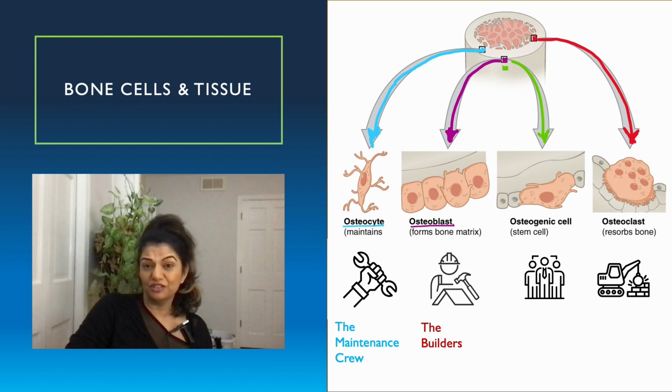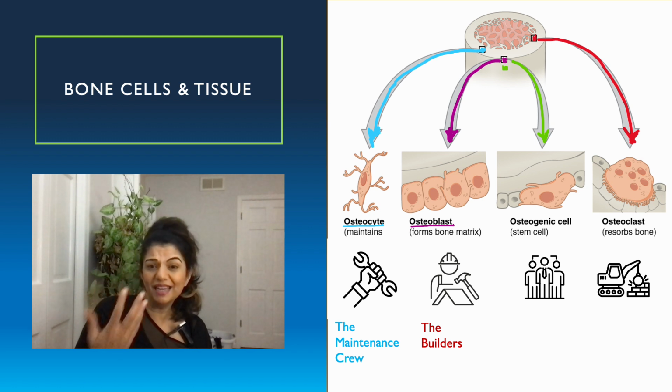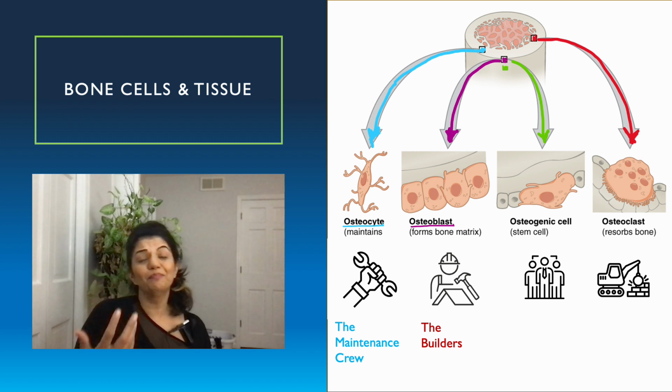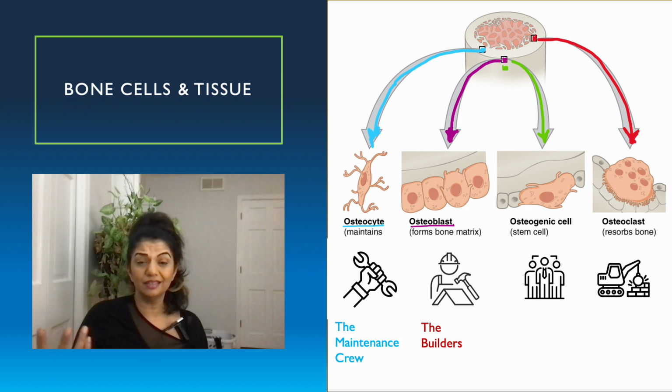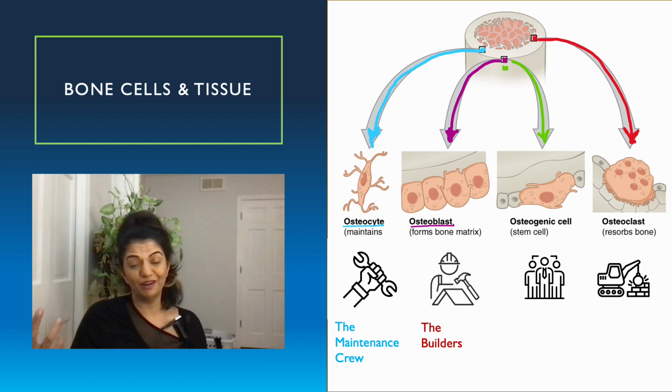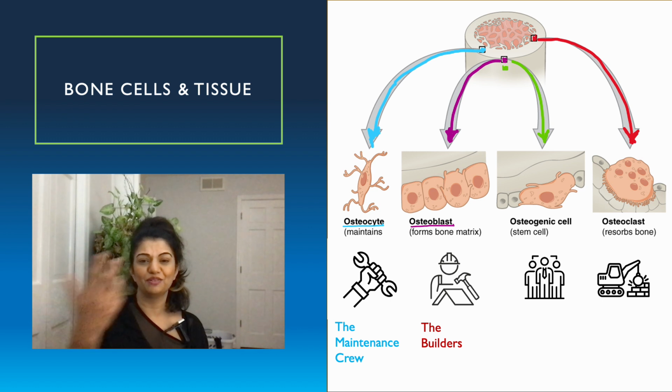Once they've built their structure, the problem is they're not very smart when they build. They build things from the outside in, and then they get stuck in the matrix. They can't build anymore because it's already built, and they're sort of paralyzed in there. So then they retire and become osteocytes.